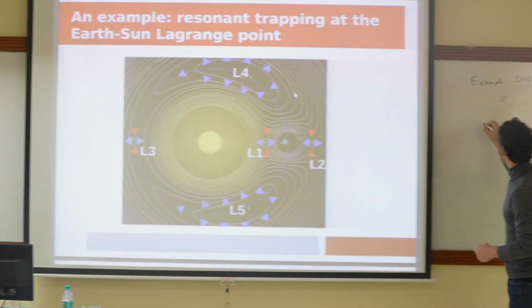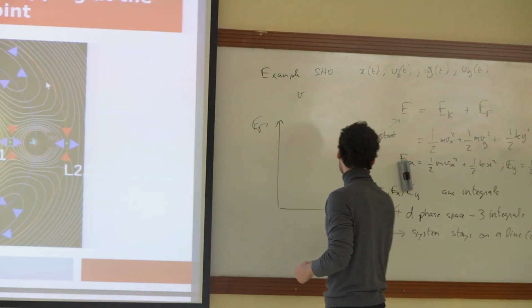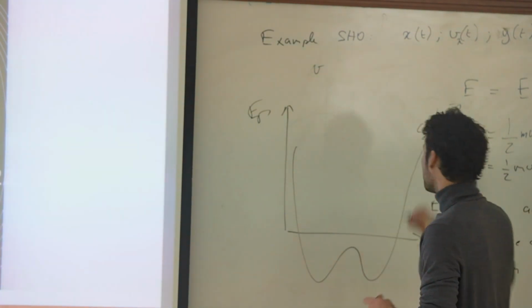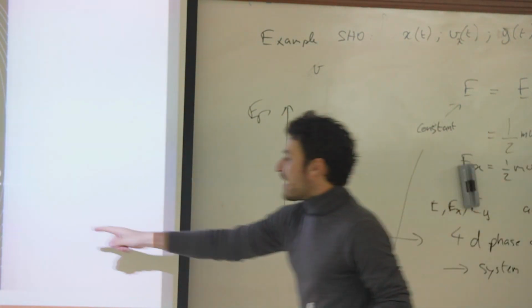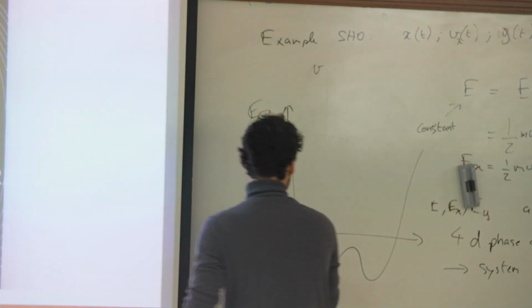So imagine this is potential energy, this is x. We saw a whole bunch of potentials that, for instance, look like this. Well, these lines describe lines of constant potential energy.